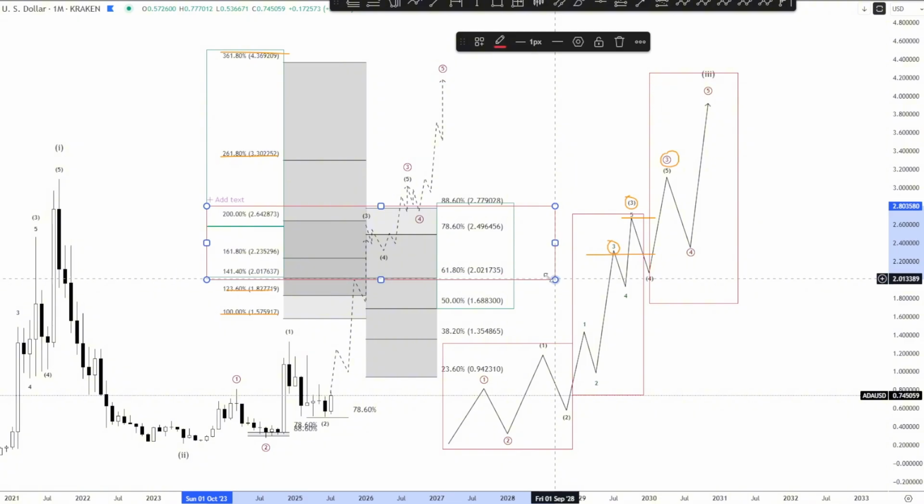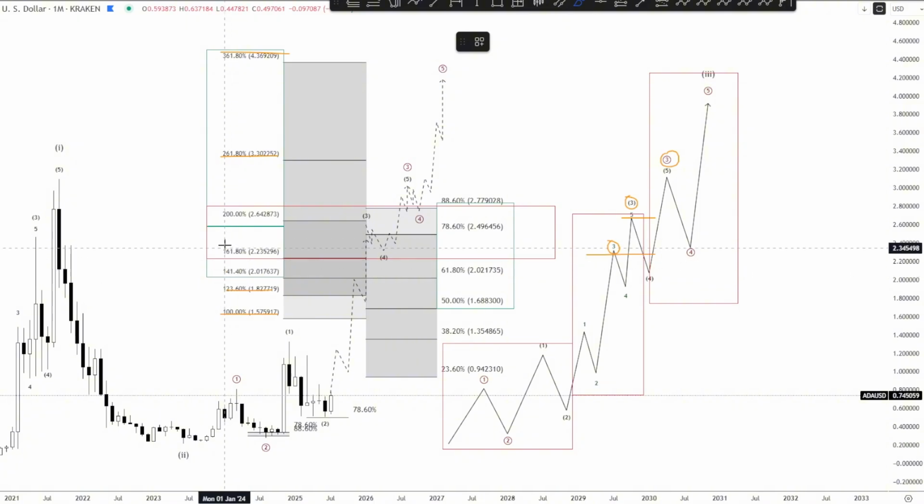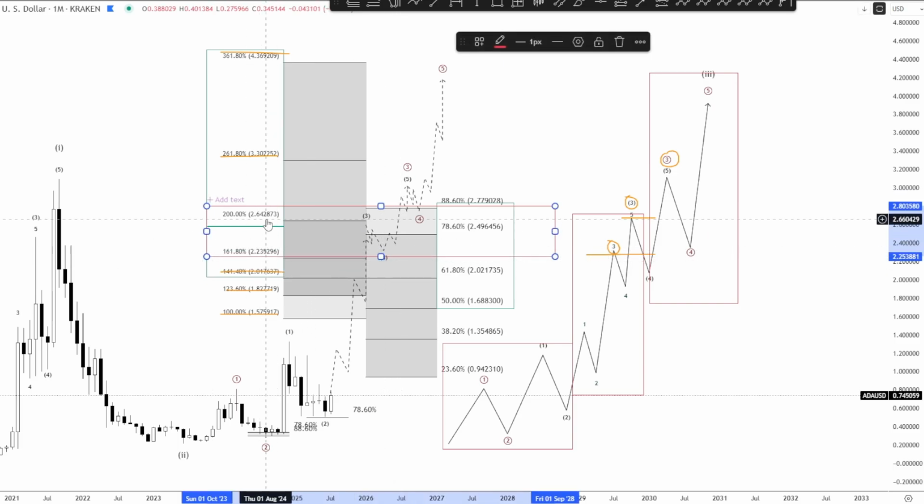Let's put in another box. So for this third wave of a third wave, we should calculate. We could expect between $2 and $2.64, and we can actually even make this smaller here. Let's say, really, most of the time we are hitting this level here. We can even rule this out. So it's $2.20 and $2.65.